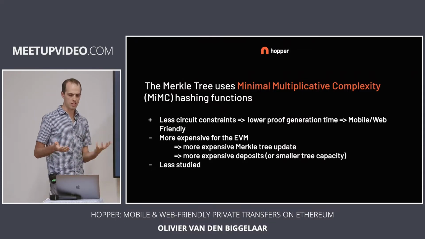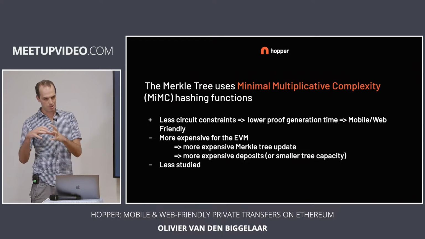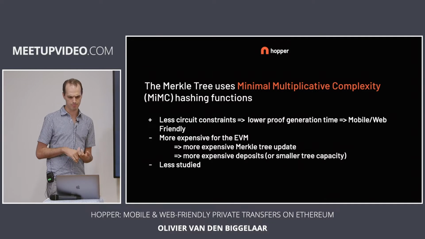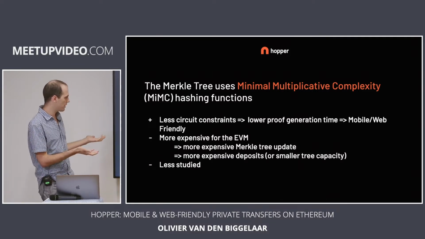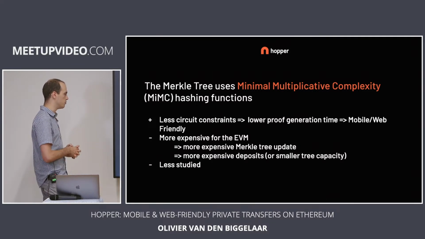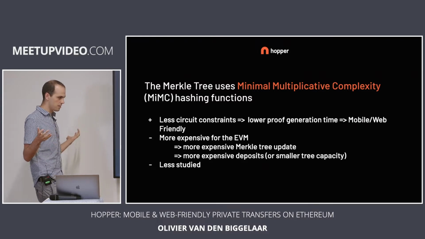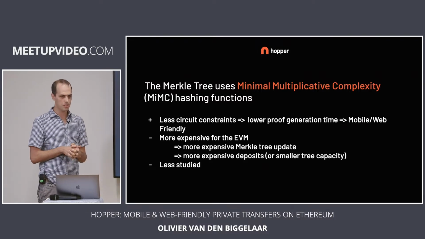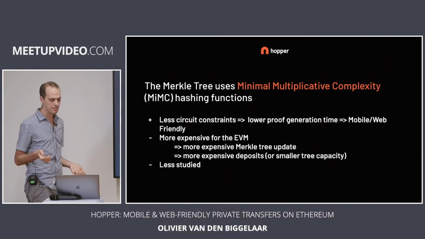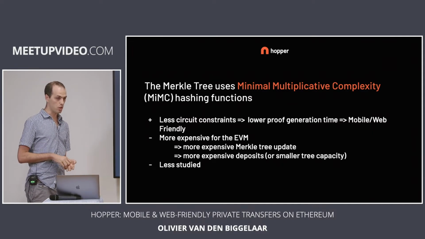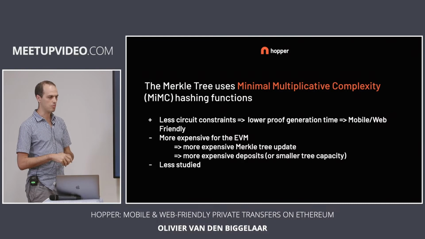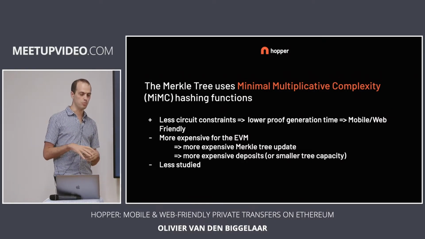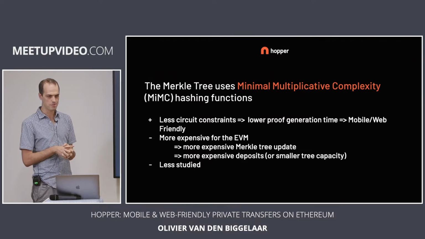So there is a trade-off here between the capacity of the tree and how expensive the deposit will be. And then another drawback, perhaps even more important, is that MIMC is clearly not as academically researched as, let's say, SHA-256. So you have to trust that we won't find in the future some way to find a pre-image of a MIMC hash, for example.